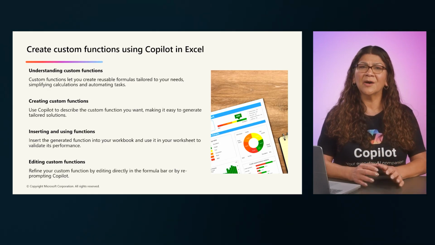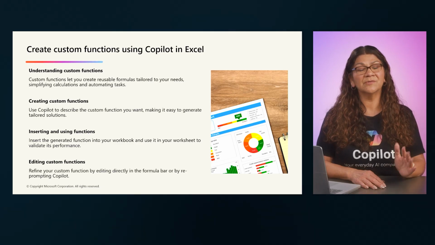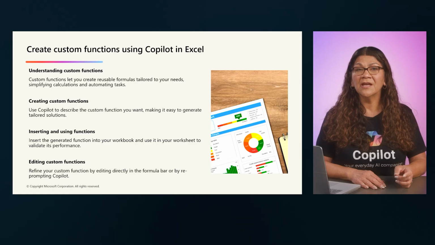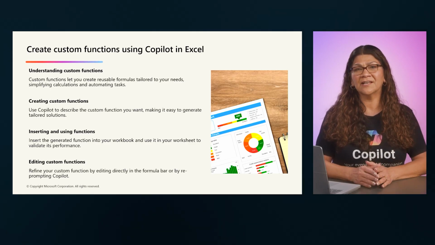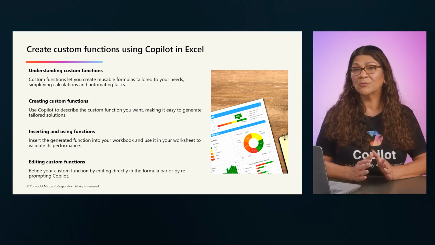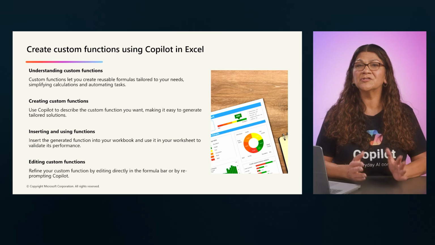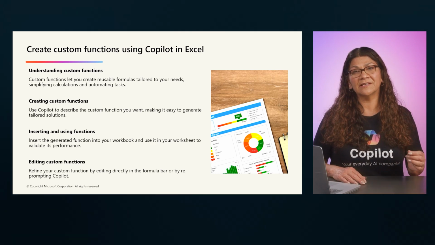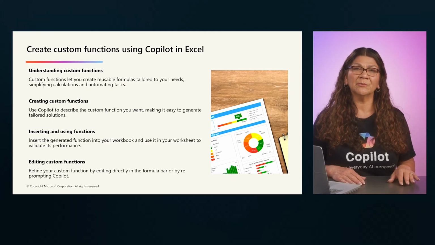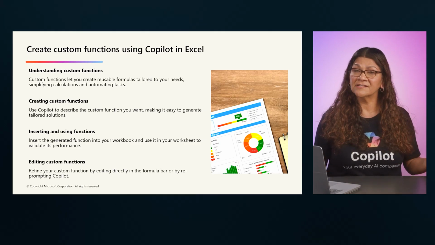Instead of memorizing complex syntax, you can describe the calculation you want in plain language, and Copilot helps generate a custom function that you can insert and reuse, simplifying complex calculations and automating repetitive tasks. This build once, use everywhere approach makes your analysis faster, more consistent, and easier to maintain over time, especially when formulas get more advanced or need to be standardized across the team.